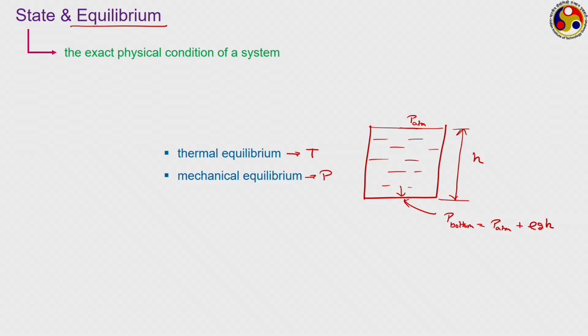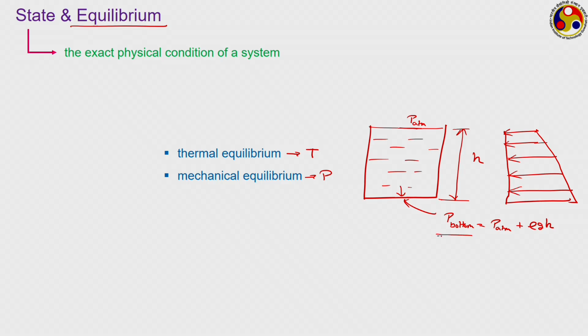So, there is a continuous pressure variation. If we plot the variation in pressure with height, you get a triangular profile like this, where the pressure is atmospheric at the upper surface and continuously increases to reach this level at the lower surface, and this is perfectly logical.